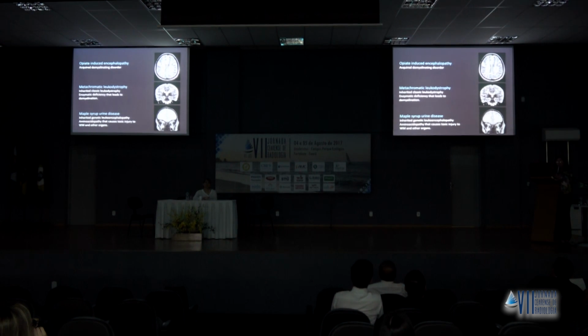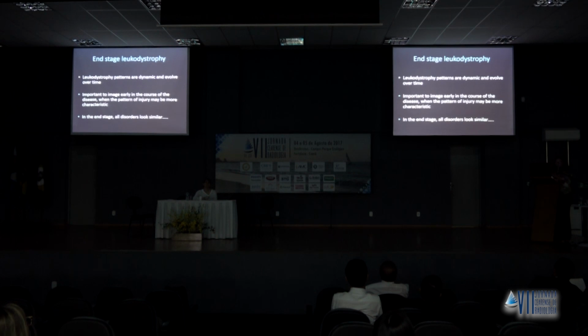So it's very important when you see this just abnormal white matter is to make sure you go to the patient history and check the laboratory findings to figure out what you might be dealing with. Leukodystrophy patterns are dynamic and they evolve over time.